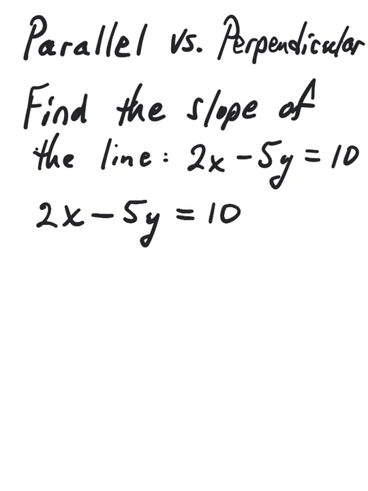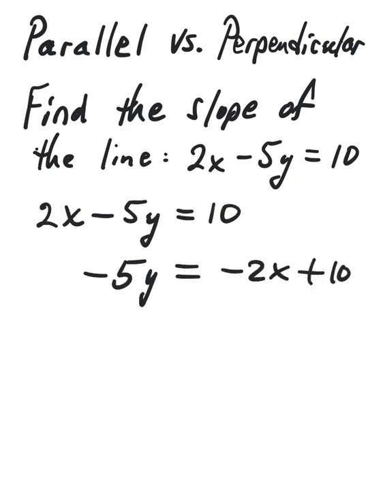Okay, I'm going to go ahead and subtract 2 x's from both sides. Basically, we're just going to move it over and change the sign of it. Divide everything by -5.